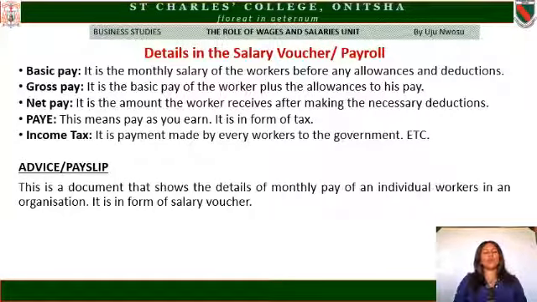Number one is basic pay. Basic pay is the monthly salary of the workers before any allowances or deductions. This means that any worker working in an organization has a particular payment that will be made according to his or her level.